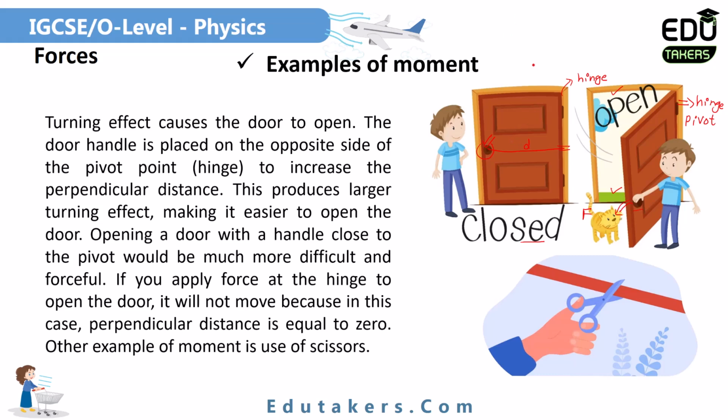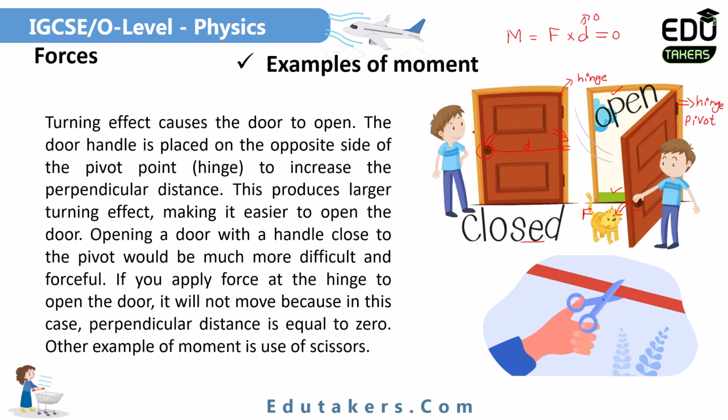Does the moment produce here or not? For that you have to go back to the formula of the moment, which is the product of the force and the distance. In this case, when you apply the force at the hinge or the pivot point, the perpendicular distance between the point of application of the force and the pivot point is 0. When the distance is 0, it means that the moment is also equal to 0.